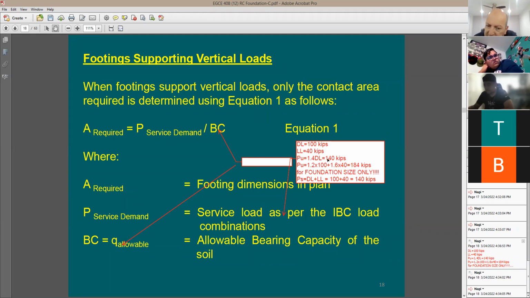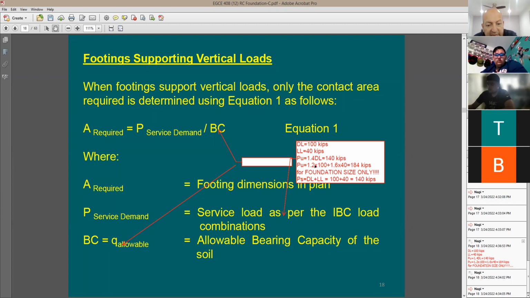This 1.4 times dead load is the load factor, the ultimate load that you need to use to design the concrete. To size the footing, you're going to be using the service demand, which is just dead load plus live load. Later on, to design the reinforcing in the footing, you're going to be using this 184.